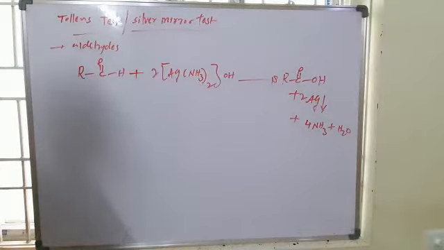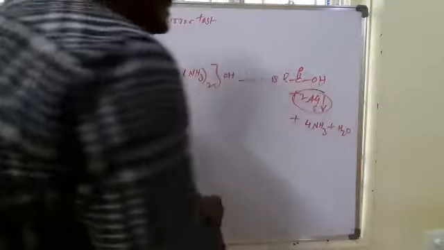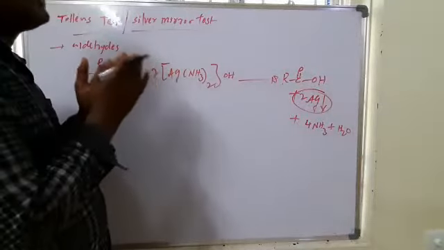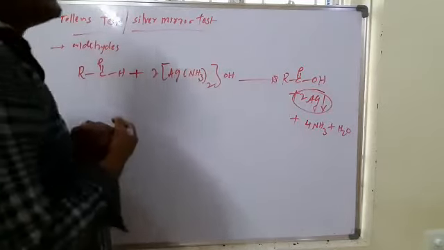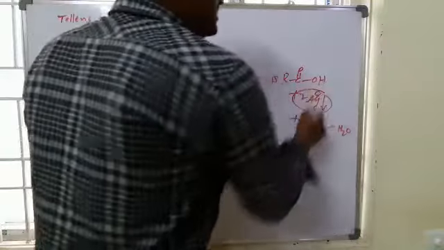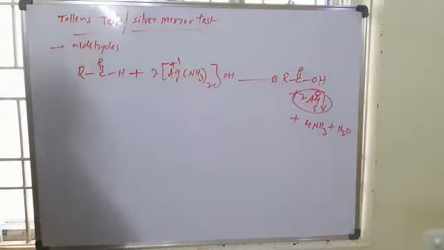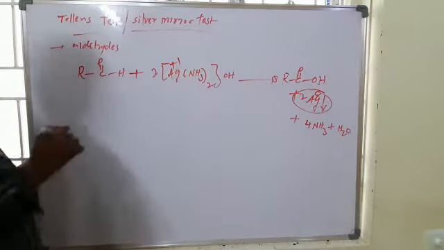So here, due to the formation of silver, the walls of the test tube shine like a mirror. So this is called the silver mirror test. Here silver goes from +1 oxidation to 0 oxidation state. So this Tollens test can be given by aldehydes but not ketones.